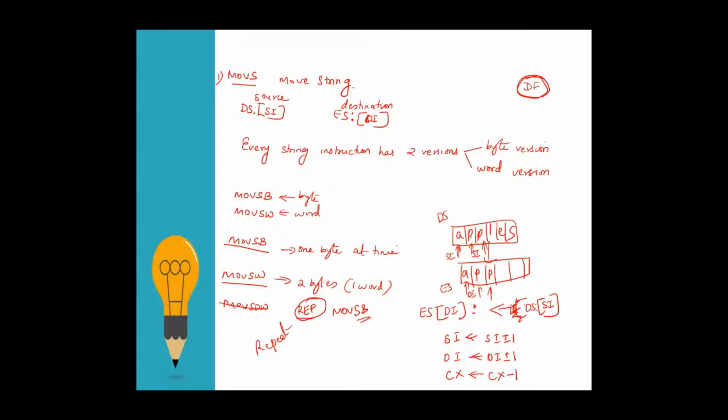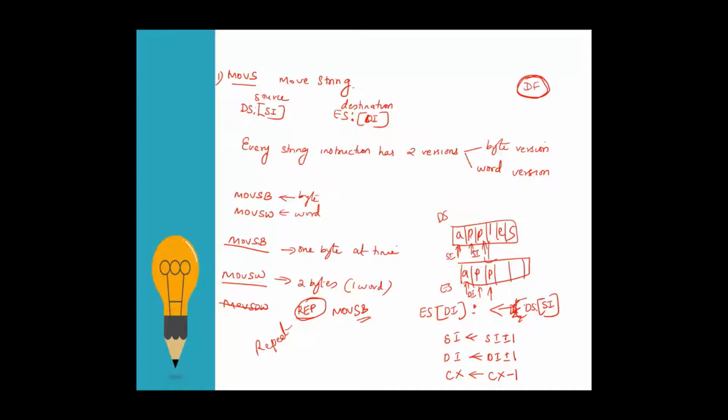It's an element in your flag register. What is DF? Direction flag. So what is the relationship of the direction flag over here? That's my hint. Now tell me the answer. Why did I write it as SI plus or minus 1 and DI plus or minus 1?